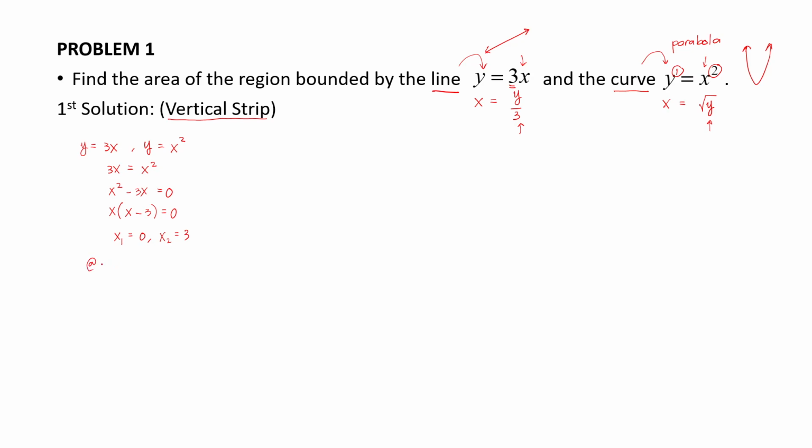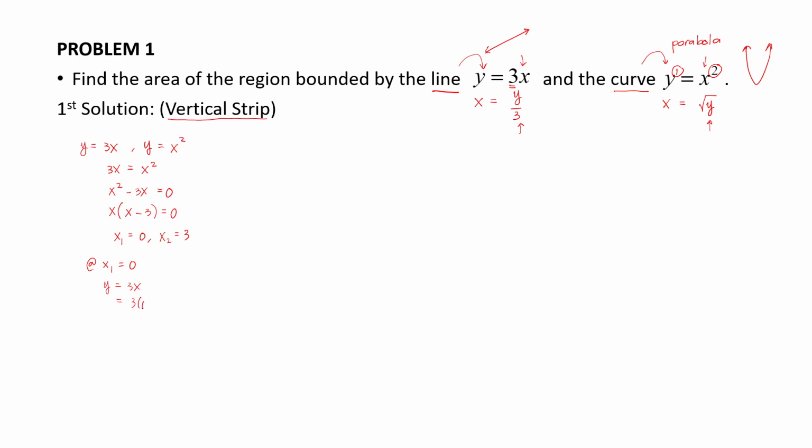Next, we get the pair of the two x's that we have obtained. At x equals 0 first, you may use either of the equations above, y equals 3x or y equals x squared. Let's just use y equals 3x because it's a simple equation.